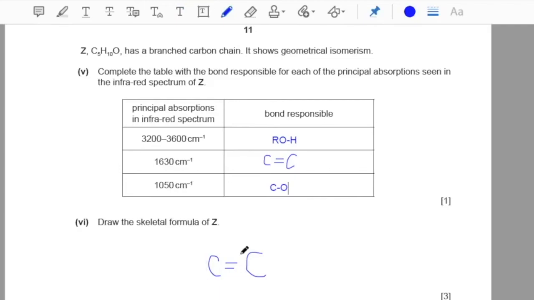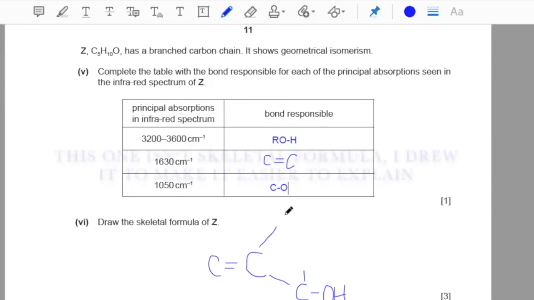It has a branched carbon chain with 5 carbon atoms in total, meaning there are 2 over here. We are left with 3 carbon atoms now, and there is a carbon to oxygen to hydrogen group present. So I'll put one carbon over here with 2 hydrogens and 1 hydroxyl functional group. And it also says that it shows geometrical isomerism, meaning I cannot put 2 methyl groups on the left carbon because that's not valid.